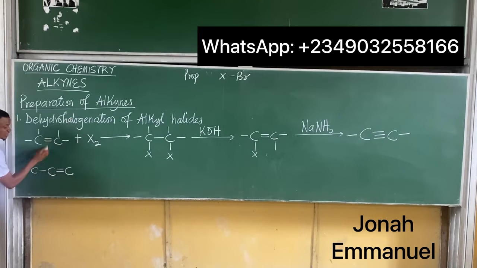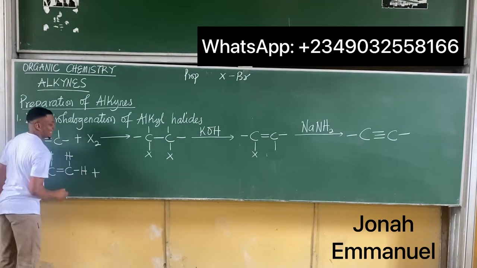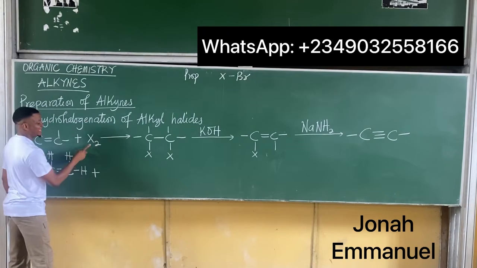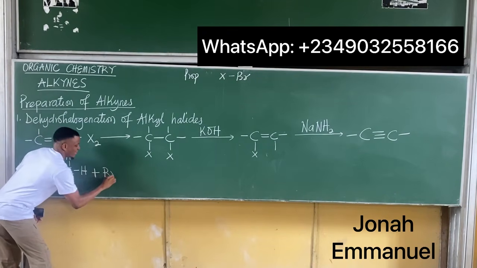But they say alkene, so I'll add a double bond here. Complete this one: I'm having 1, 2, it needs 2 more, so it becomes 3 and 4. I'm done. Plus, next up, X should be bromine. They say X2, so it's as simple as Br2.